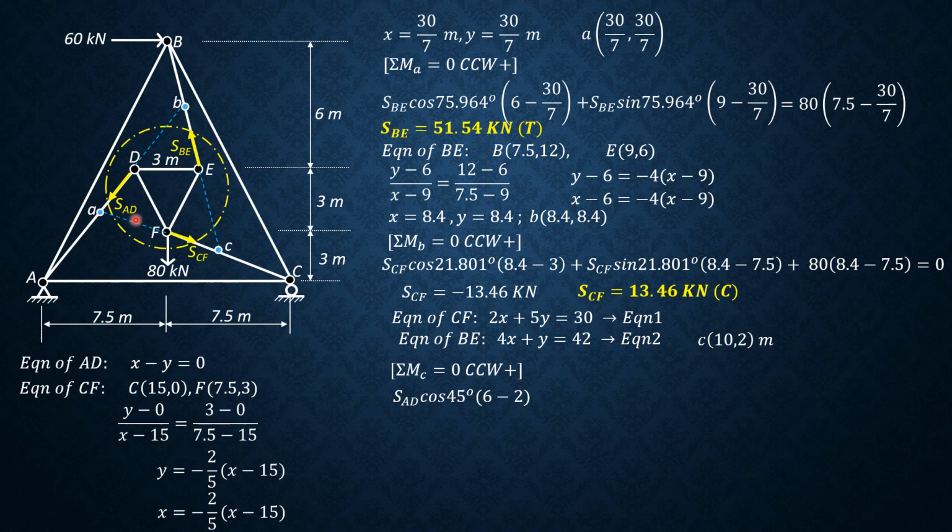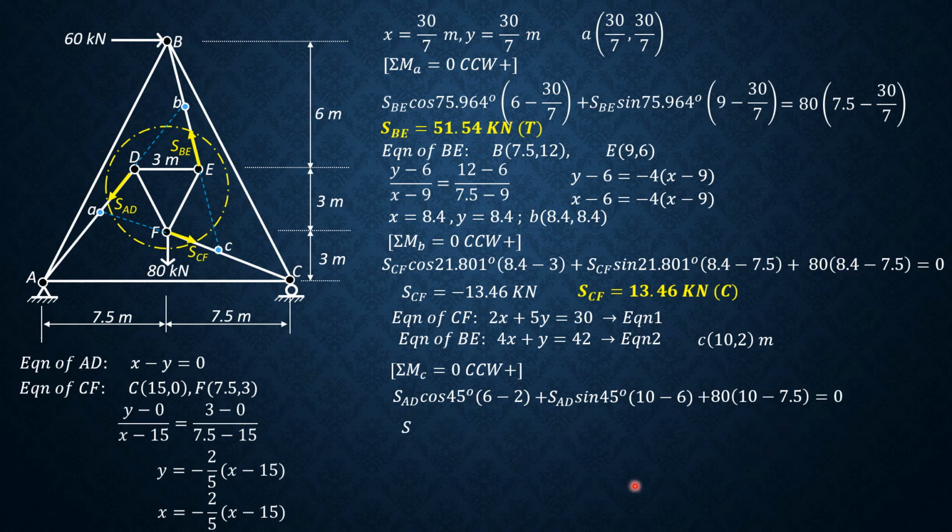SAD sine 45, the moment arm is 10, from A 10, minus 6, 10 minus 6, because D is 6 meters from A. So SAD sine of 45 degrees times quantity 10 minus 6, then plus 80 times 10 minus 7.5 equals 0.